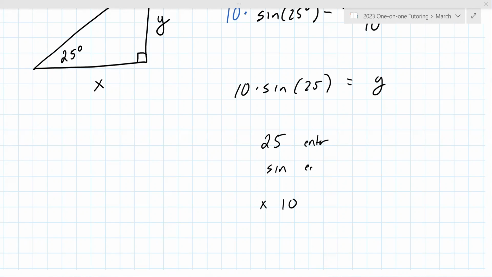Try again. What is the sine of 25? What did you get after you put in the sine of 25? What does the calculator show? It gives me an answer, but then when I multiply by 10, it gives me 4.6.